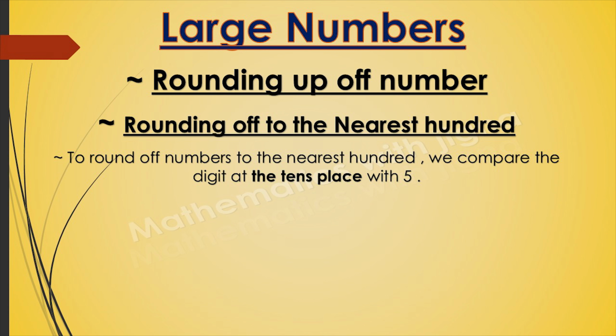But if the digit in the tens place is equal to 5 or greater than 5, we round off the number by adding 1 to the digit at the hundreds place and writing zeros in the tens and ones place.